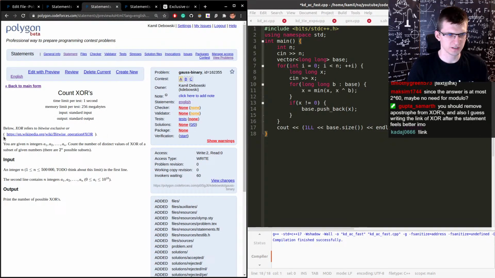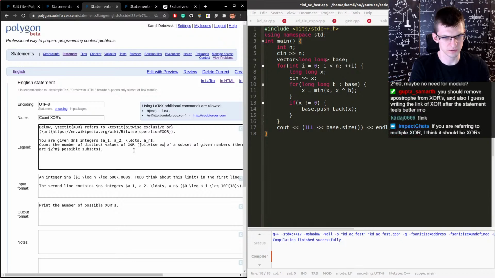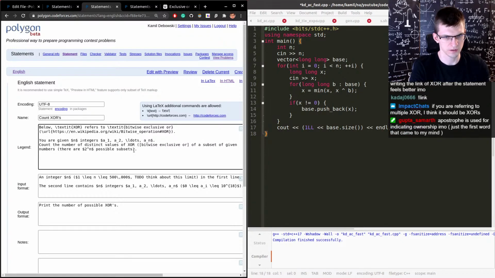So Timothy said that I can do something else here. Of XOR. What about here? Saying bitwise exclusive OR and putting a link.